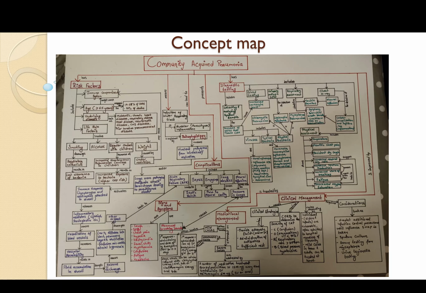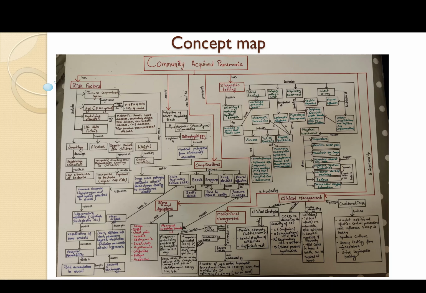Community-acquired pneumonia can be improved and treated by clinical management and medicational management, which we need to consider to improve the health outcomes of the patient and the disease. Under the medicational management, we can see it is dependent on the severity of the cases, either mild, moderate, or severe.